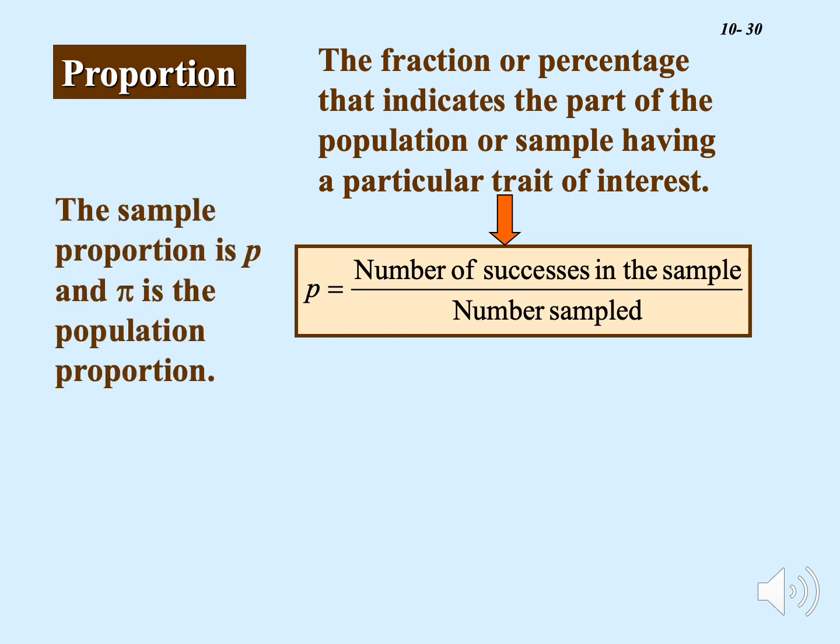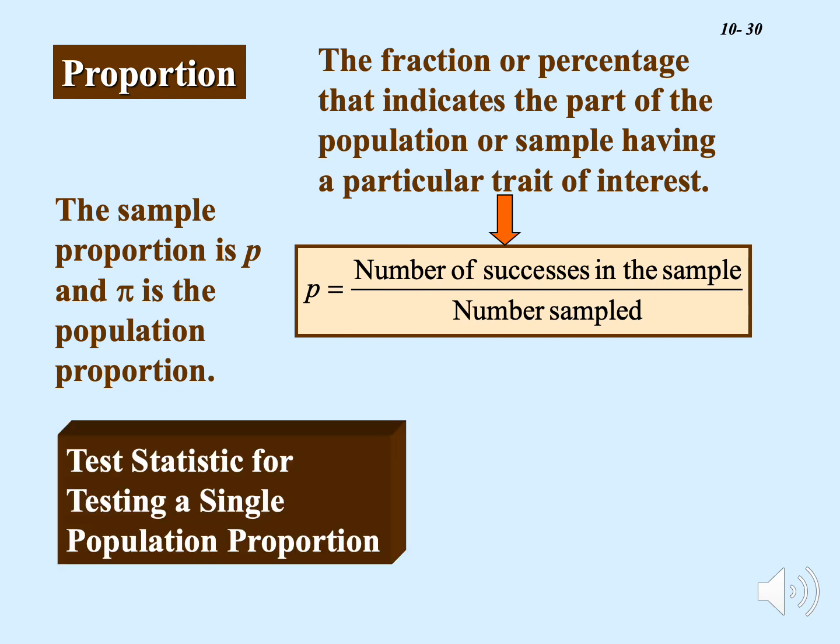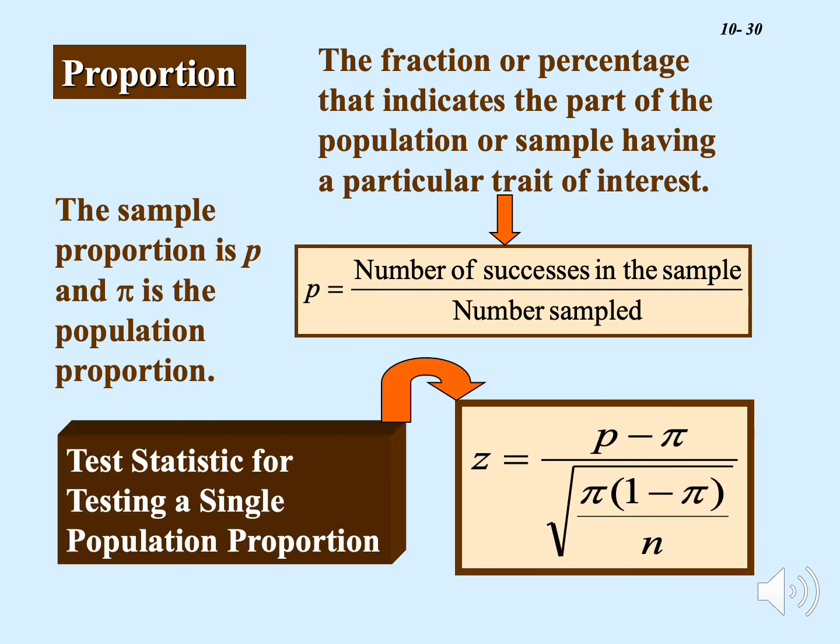Okay, so the sample proportion is p, and pi is the population proportion. Okay, so this is the test statistic: p minus pi over the square root of pi times 1 minus pi over n.